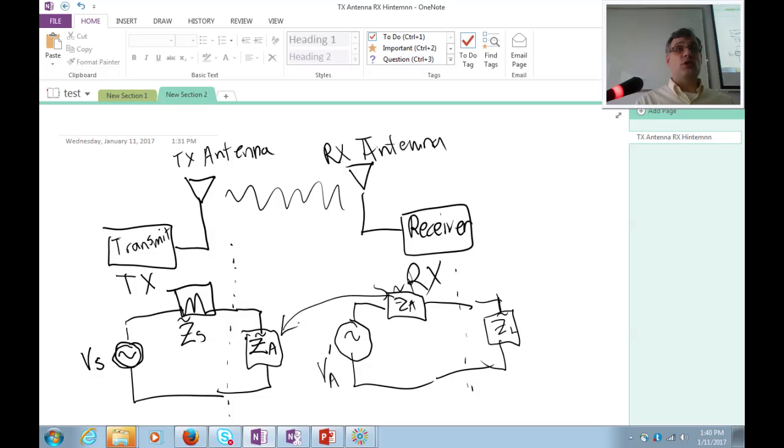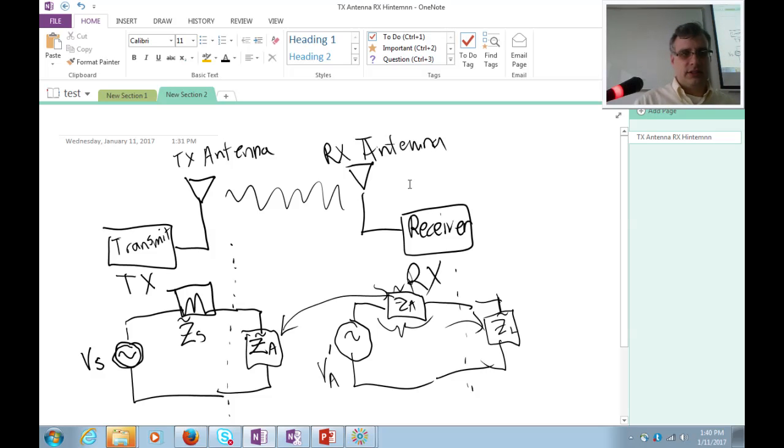But when you go to use it as a receiver, you've already characterized how it presents itself to the receiver network with that same Z sub A, even though you're no longer exciting it with a source connected to its terminals. You're exciting it with an electromagnetic wave instead.